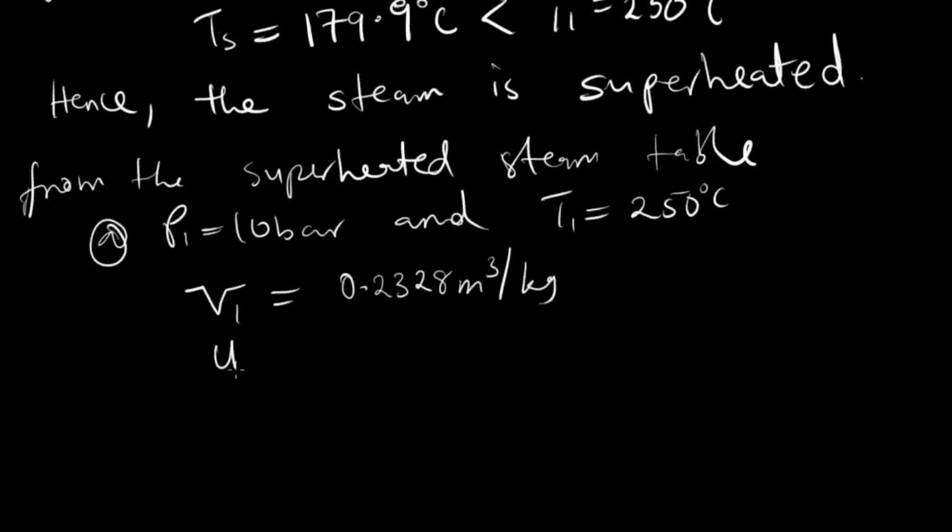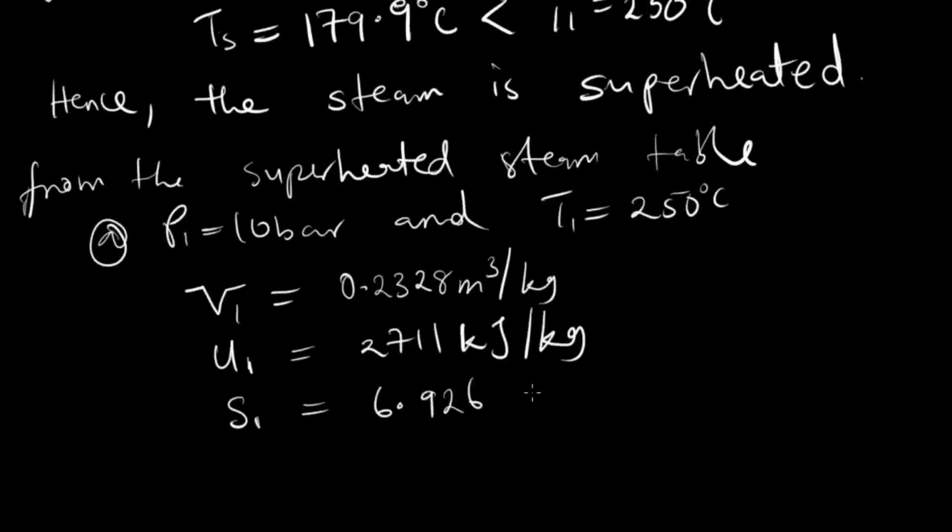We also have our internal energy, 2711 kilojoules per kilogram, and our specific entropy at 6.926 kilojoule per kilogram Kelvin. Now these are the conditions at the inlet, at state 1.